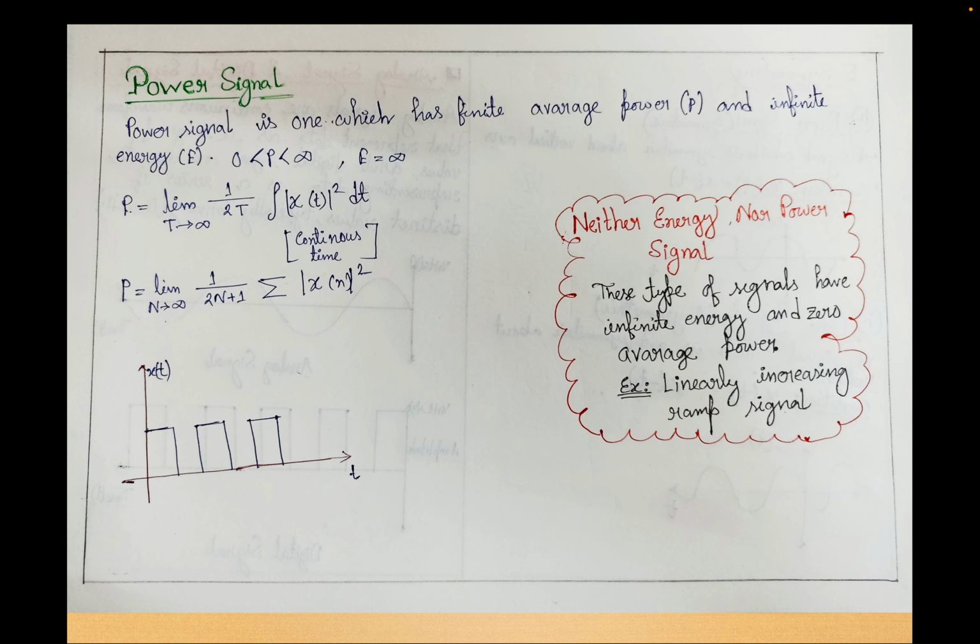It is for continuous time, and if we are in discrete time, the integration changes into summation and t changes into n. And you can also see the graph which I have drawn. There are some signals which are neither energy nor power signals. This type of signal has infinite energy and infinite average power. Example, linearly increasing ramp signals.